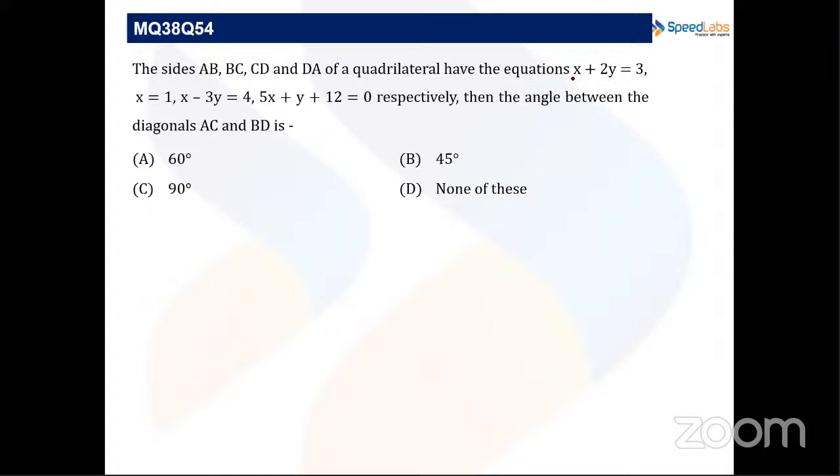For side AB, the equation is x plus 2y equals to 3. For side BC, the equation is x equals to 1. For side CD, the equation is x minus 3y equals to 4. And for side DA, the equation is 5x plus y plus 12 equals to 0. Then we need to find the angle between the diagonals AC and BD.